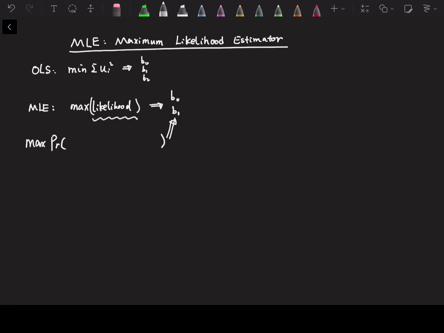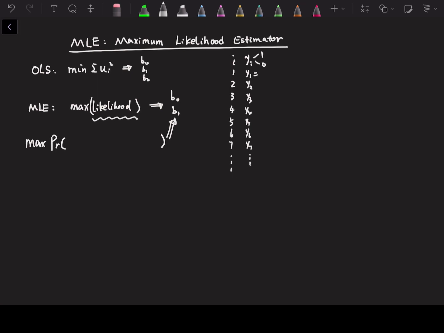Now, to be more intuitive, let me give you the data. Let's suppose the data has observations 1, 2, 3, 4, 5, 6, 7. You have Y, this is cross-sectional data, obviously. So that's Y1, Y2, Y3, Y4, Y5, Y6, Y7. We know Y is a binary variable, so it could be either 1 or 0.